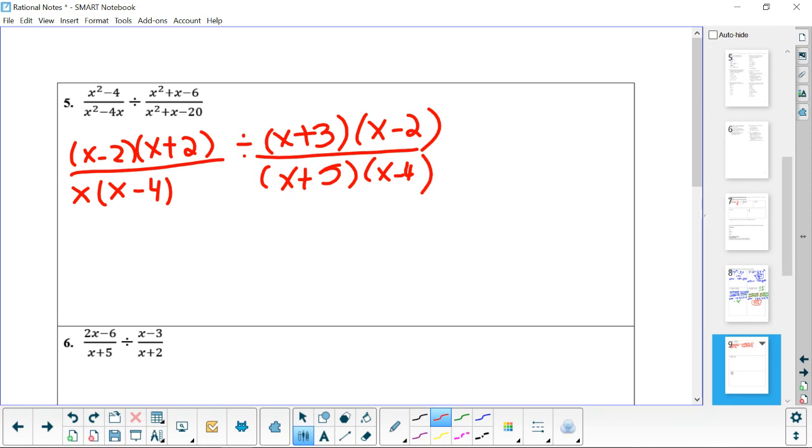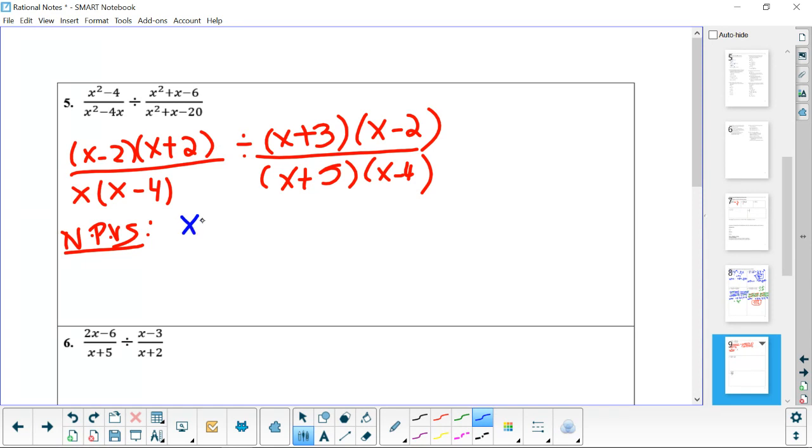Okay, now let's look for our non-permissible values. So non-permissible values are here, if I plug x as 0, my denominator will be 0, right?